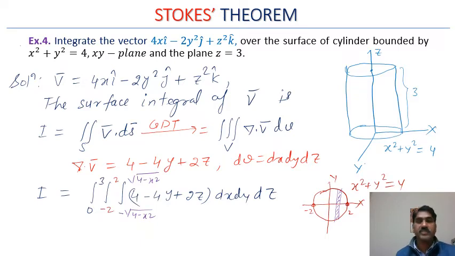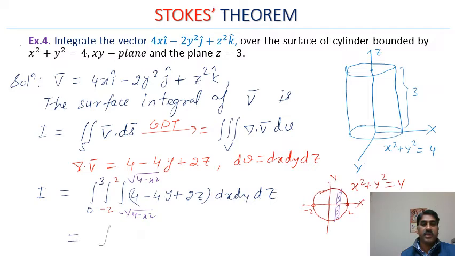So you can easily see that the variable limit is purely in terms of x, means this is the limit of y, and x has constant limits. So limit of z is actually independent of limits of x and y. So we can integrate z independently. Let us first integrate this.